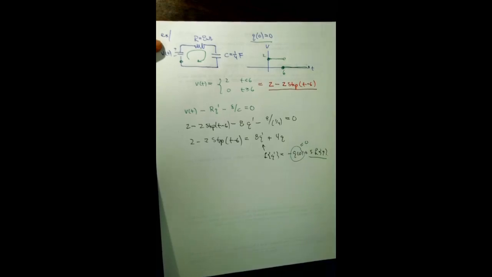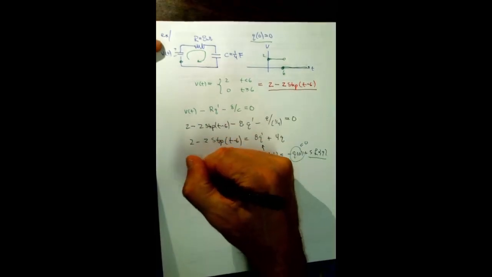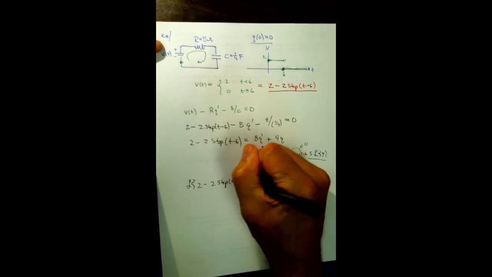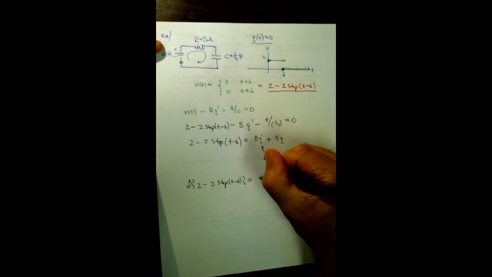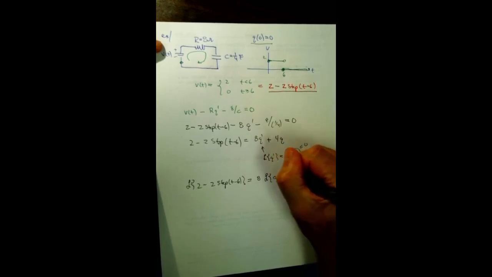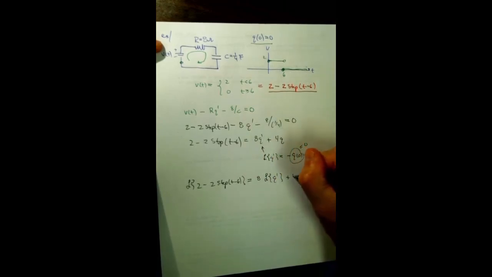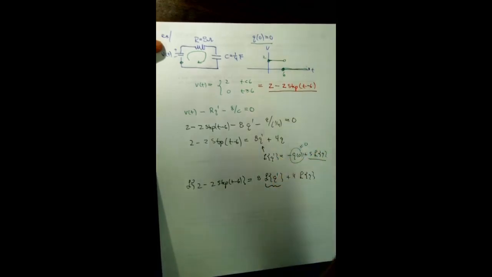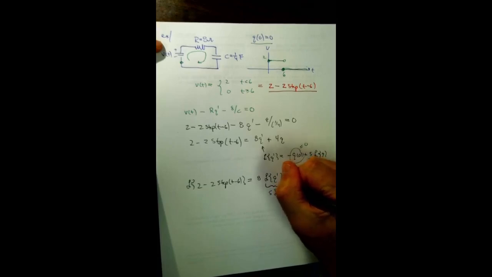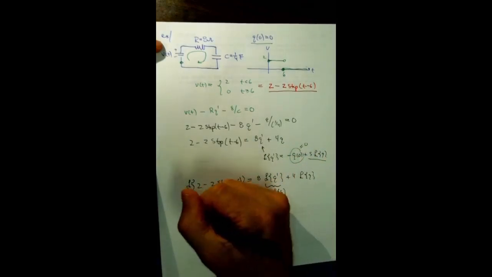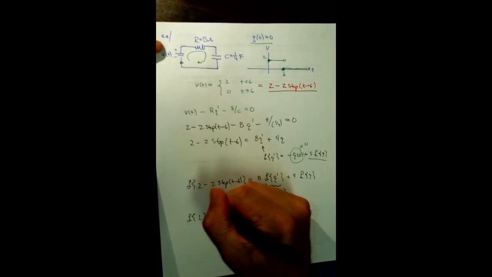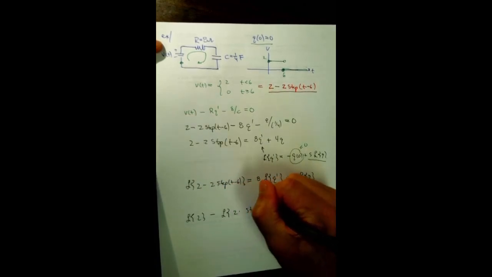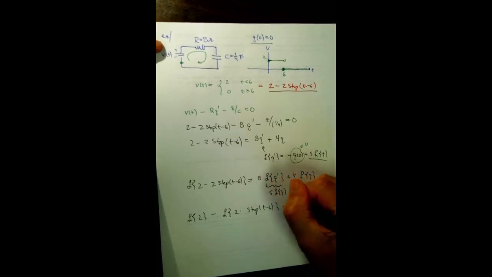All right, so now what do I have? I have the Laplace transform of 2 minus 2 times the step function at t minus 6. It's going to be 8 times the Laplace transform of q prime plus 4 times the Laplace transform of q. And we just saw that this is going to be s times the Laplace transform of q. So we have the Laplace transform of 2 minus the Laplace transform of 2 times the step function at t minus 6.